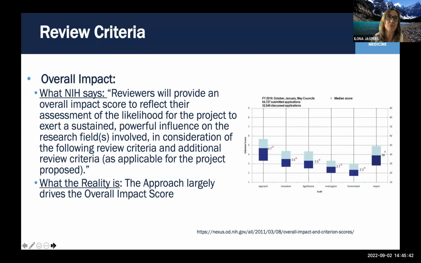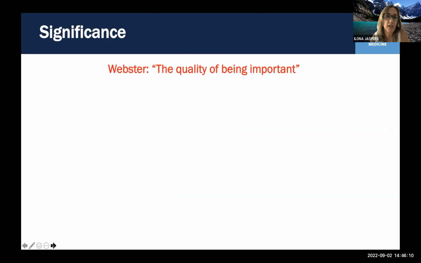It is really more the exception that you have, let's say, an approach of 4 or 5 and an overall impact of 1 or 2. This is really very unusual. You can have an overall approach of 3 and an overall impact score of 1 or 2, but that's the range where it's going. So the overall approach and the significance usually drive the overall impact score.